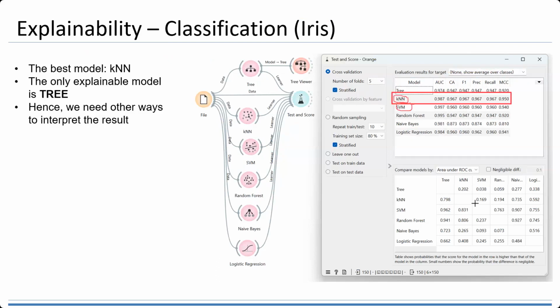So sometimes we may also need to consider SVM because the difference is not that huge. Here the difference is 0.960 and 0.967, so it is not very different. Then sometimes we can say SVM might also be a good alternative.